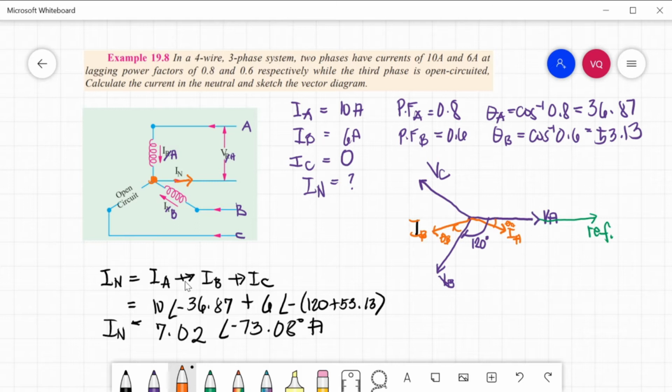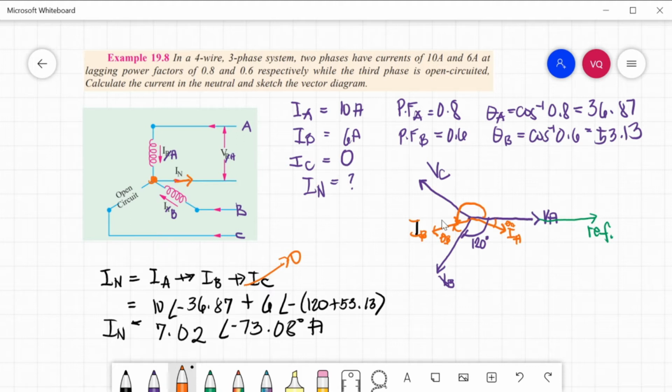We have IA equal to 10 angle negative 36.87 with respect to the reference, plus 6 angle of negative 120 plus 53.13. Or you can have the positive angle from the reference to current IB, which is 120 minus 53.13 plus 120.